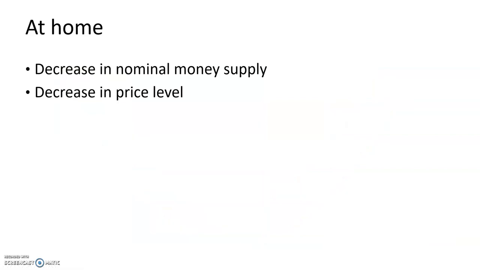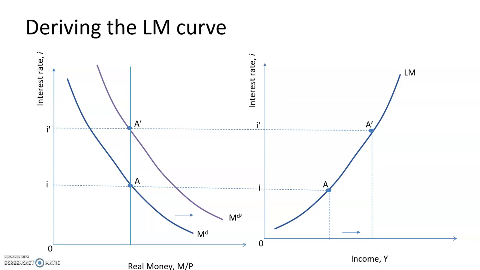So at home, you can practice the decrease in nominal money supply as well as the decrease in price level. Deriving the LM curve. So this is just a recap of the derivation of the LM curve.